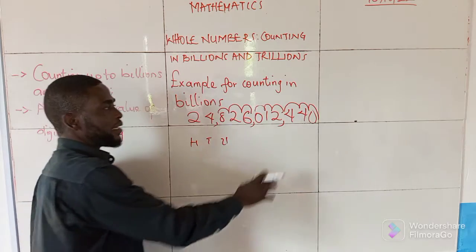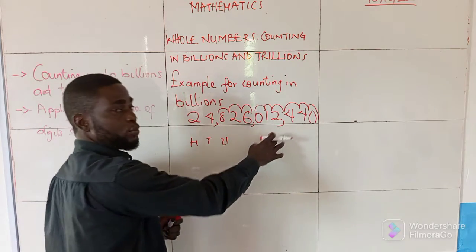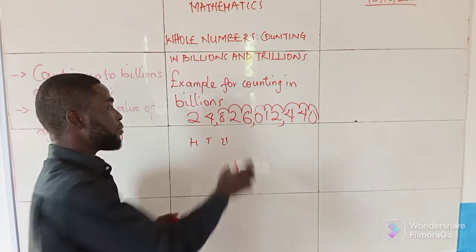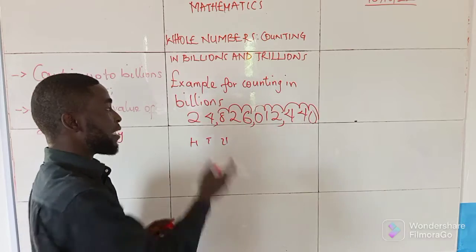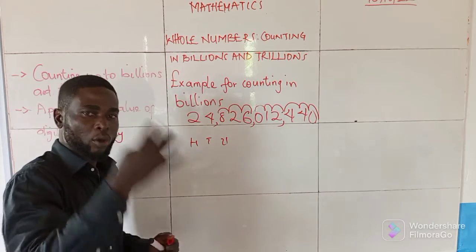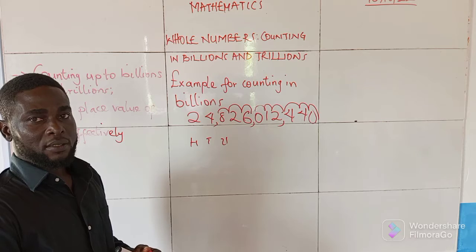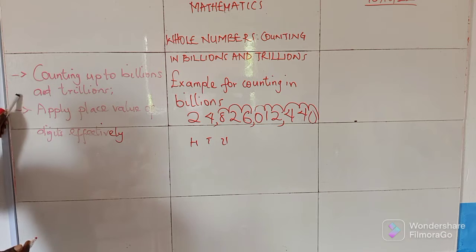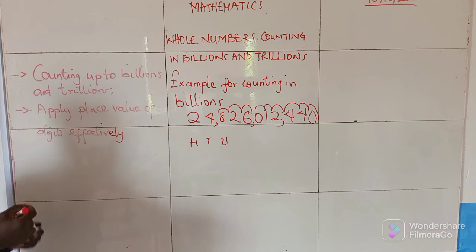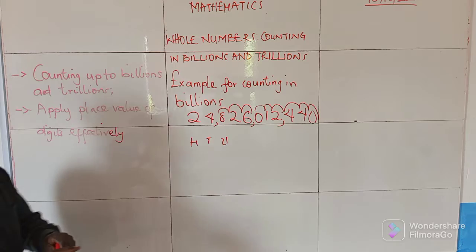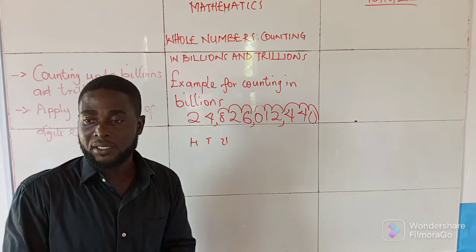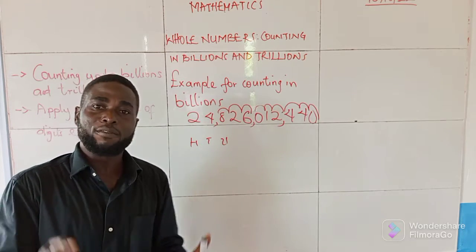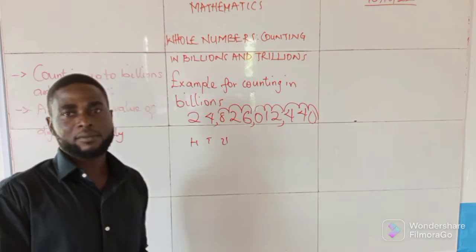So for each group, whether the hundreds group, you have hundreds, tens and units, and for the thousands group, you have the thousands. Under the thousands, you still have hundreds, tens and units. Under the million, you have hundreds, tens and units. Under the billions, as you go, you keep meeting hundreds, tens and units. Now, I can relate this to specific objective 2 to tell you that hundreds, tens and units is the easiest way to identify the place value of each digit. That's what place value is about. The place value of a digit shows you the value of the digit in a number.